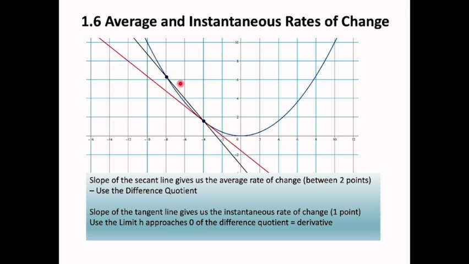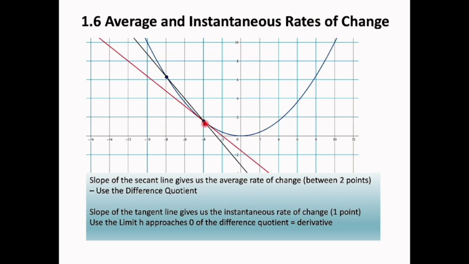So let's first look at graphically the difference between the average and the instantaneous rate of change. We have this function here in blue, and then we have two lines. We have a black line and a red line. Notice that this black line passes through the function at 2 points. This point here and this point here is where it passes through.